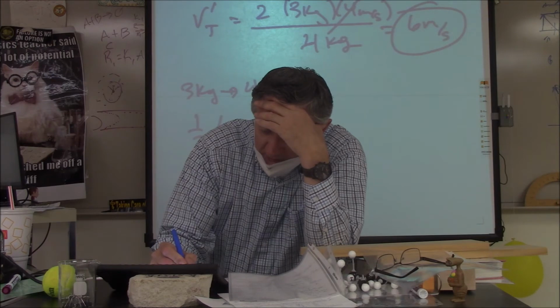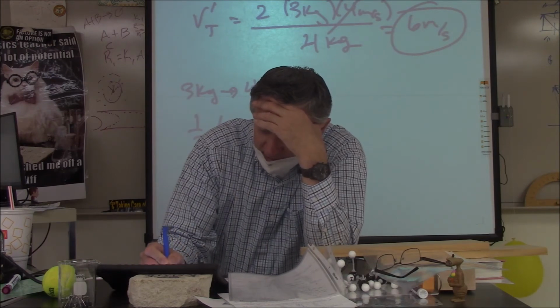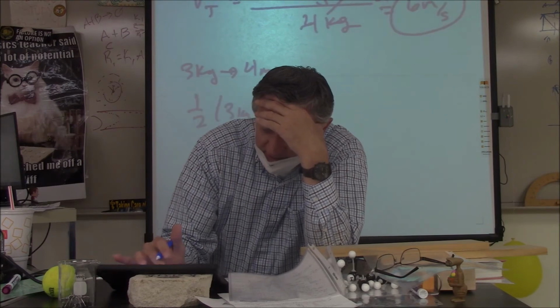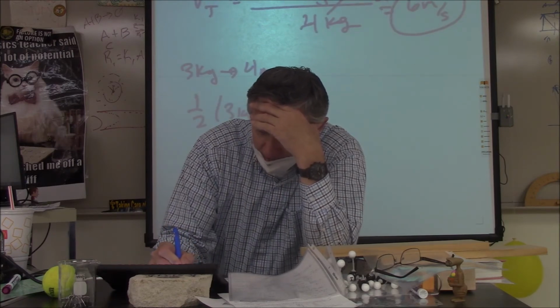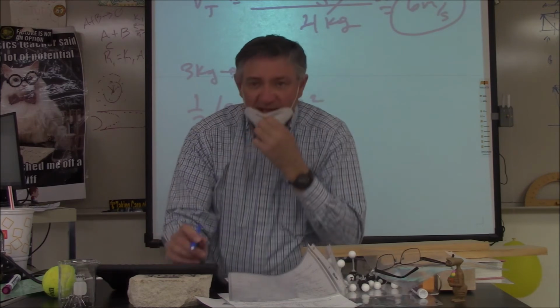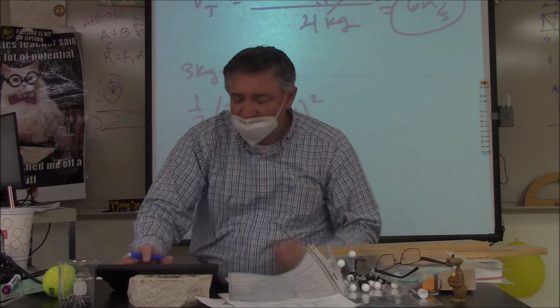Beautiful. So I'm going to take 1/2 times 3 kilograms times 4 meters per second squared. So that gets me 24 joules. That's the original kinetic energy of the system, 24 joules.